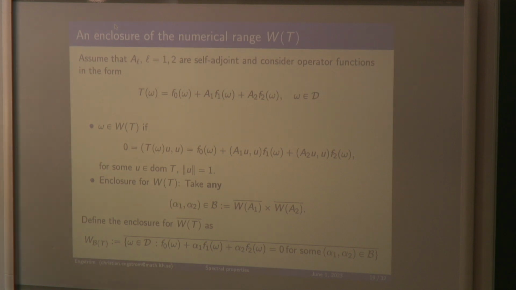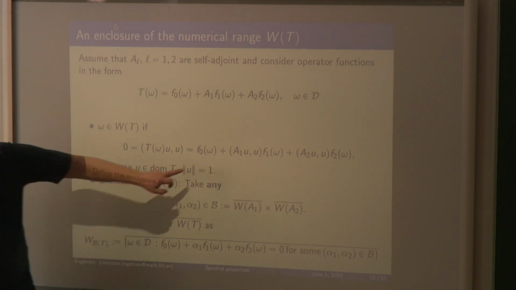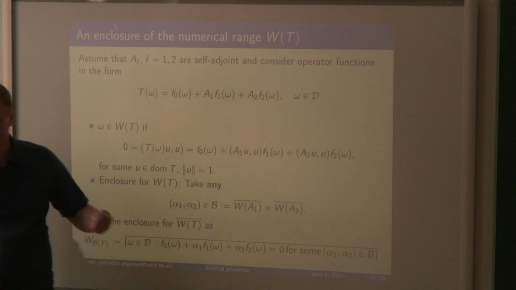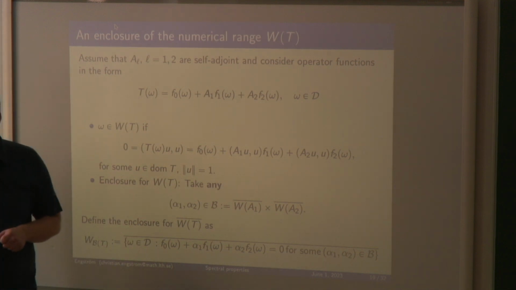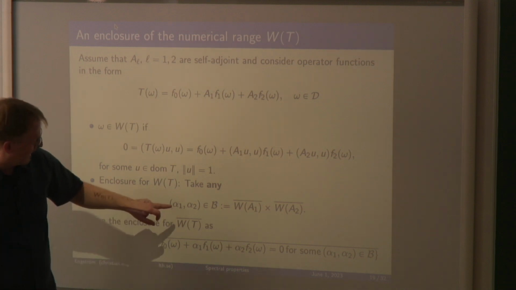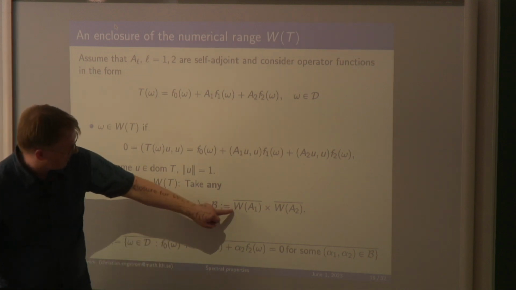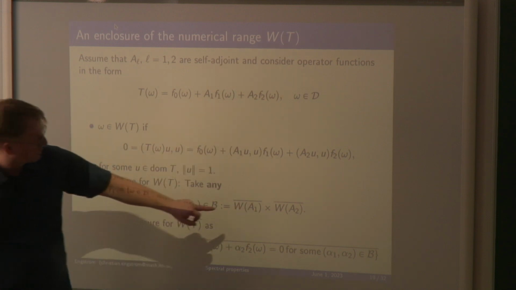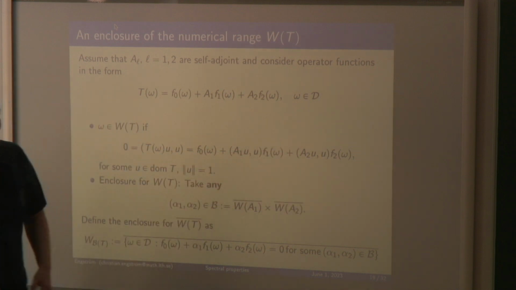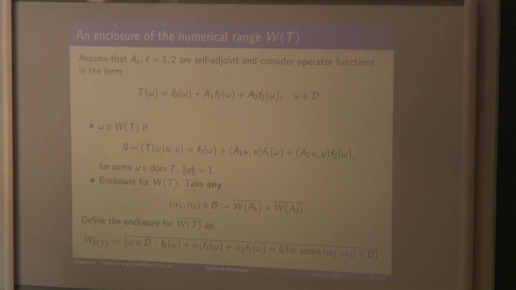Of course it's not so easy to understand how this looks because we work with u in an infinite dimensional space. So instead, we replace these inner products with just any number from the numerical range of the individual operators. Let's say alpha 1 belongs to the numerical range of A1, replace this part, and alpha 2 belongs to the numerical range of A2. This will certainly give us some enclosure.